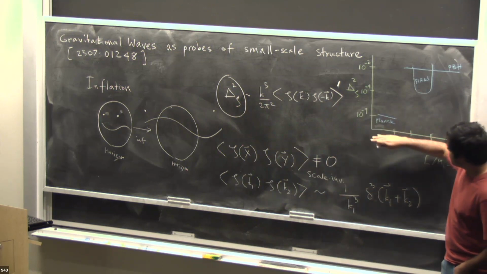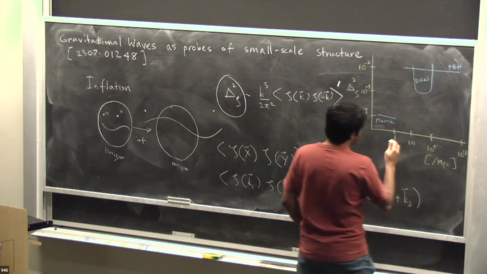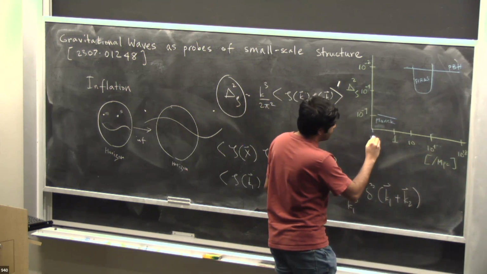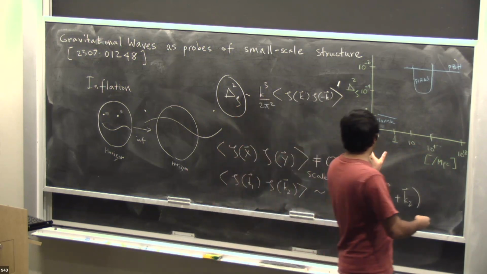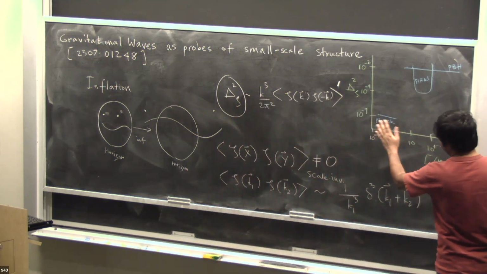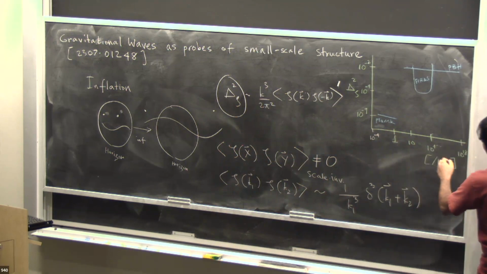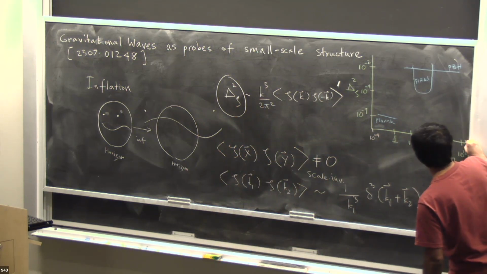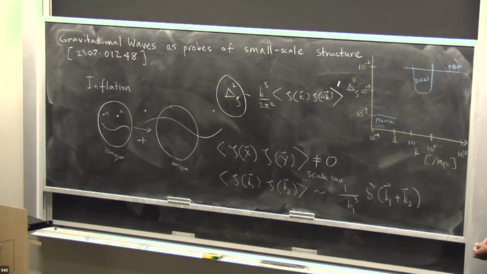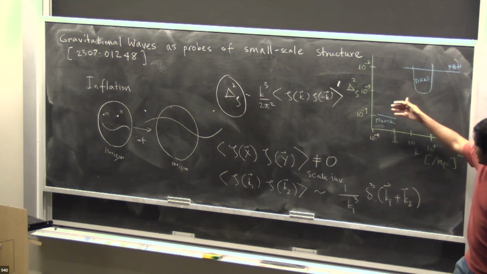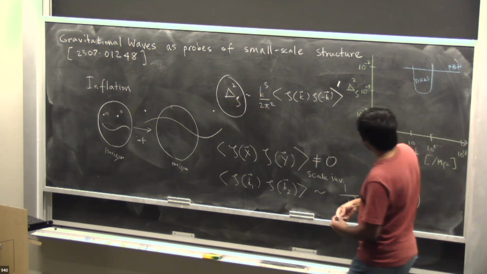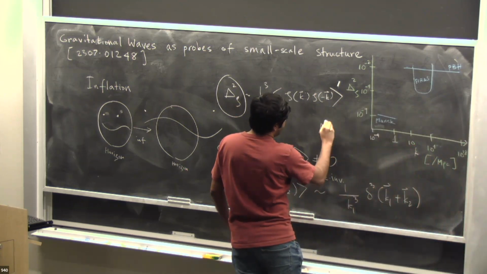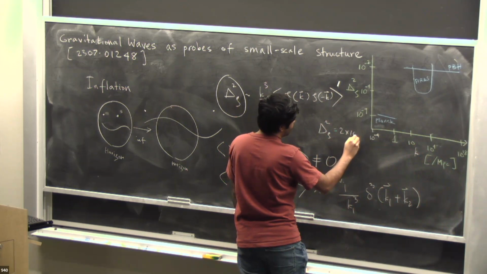So on very large length scales or small values of momenta, which I'm plotting here, Planck and also large scale structure have told us that the value of delta zeta squared is roughly 2 times 10⁻⁹.